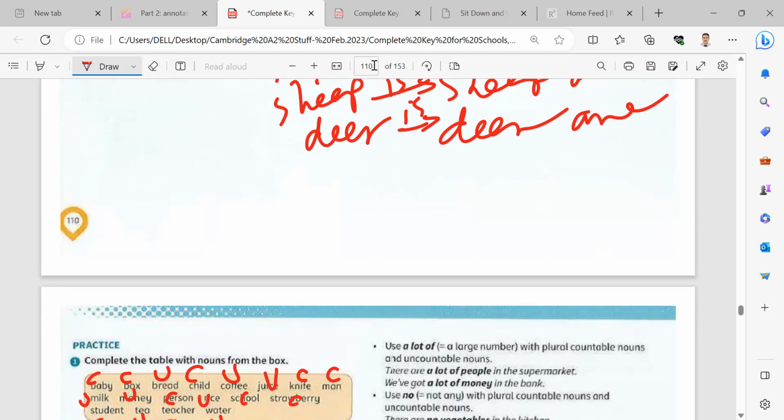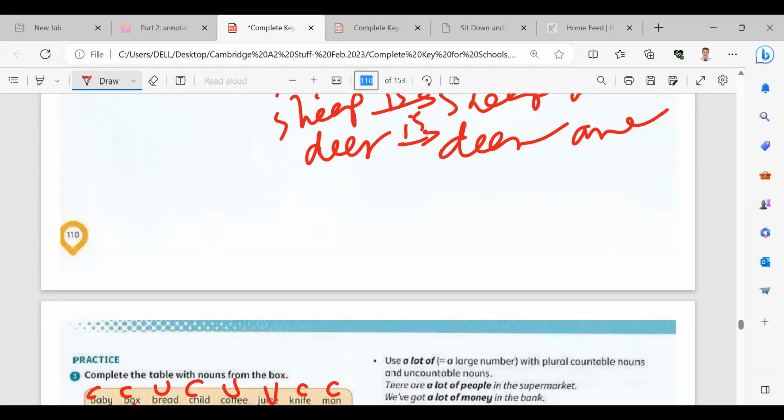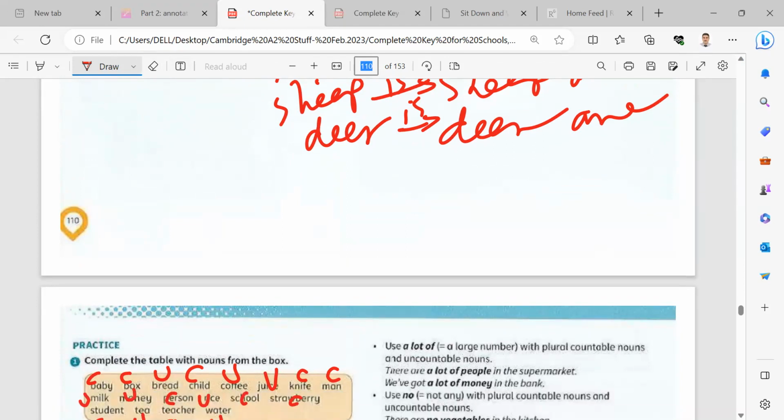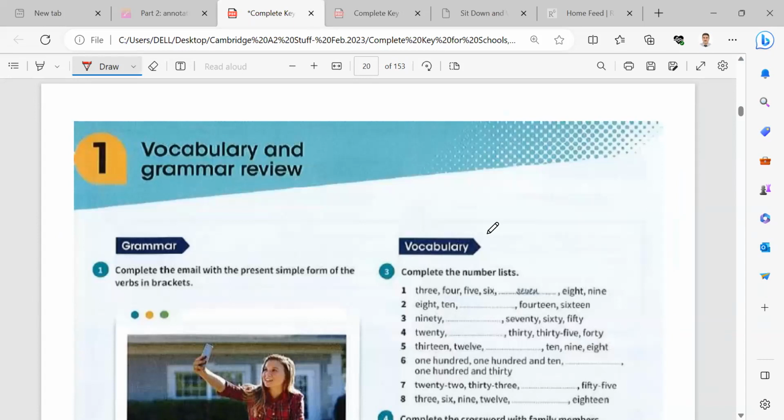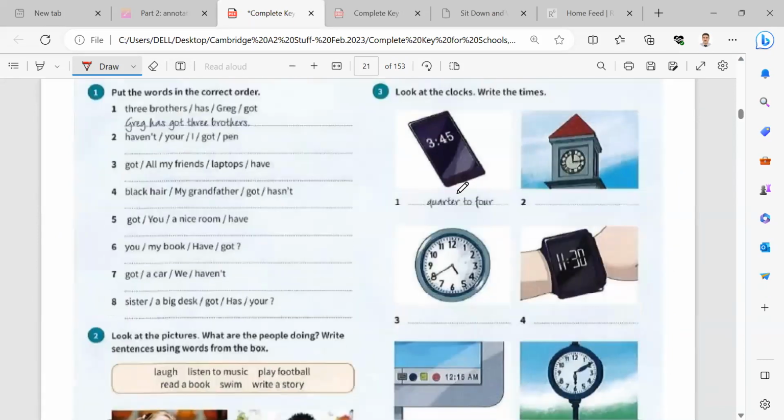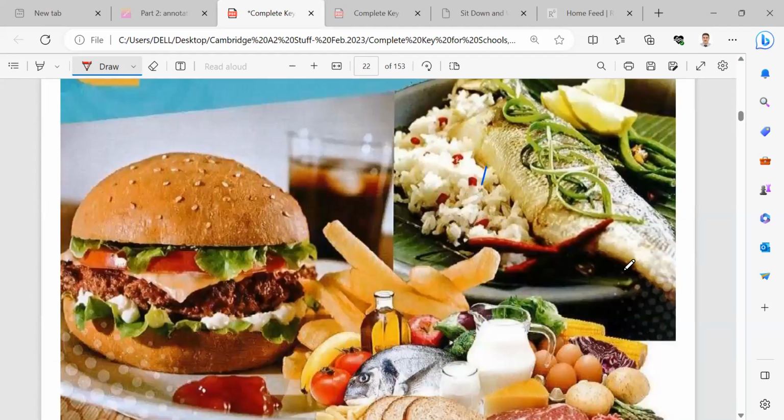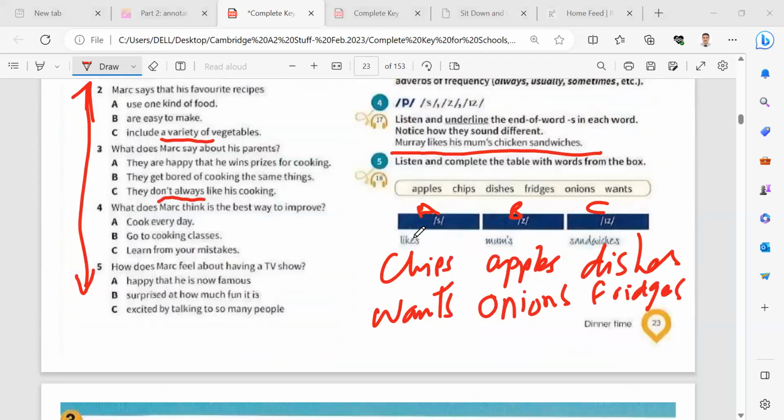19, I think. Let me give you more practice. Countable and uncountable nouns.